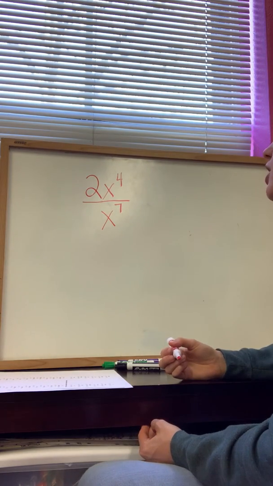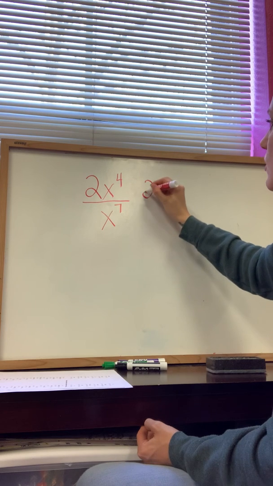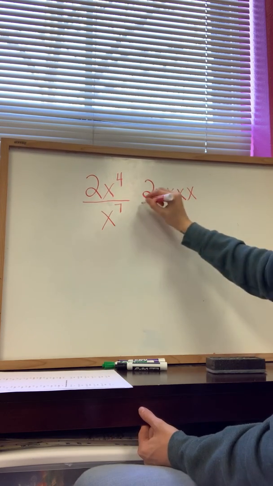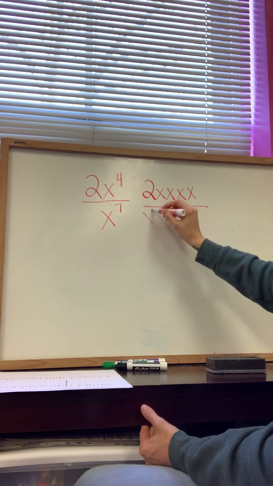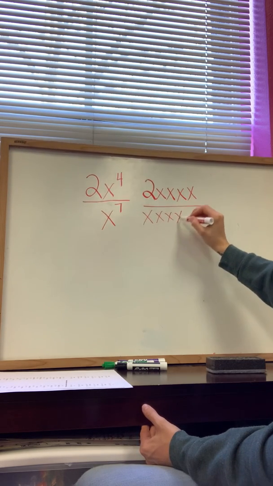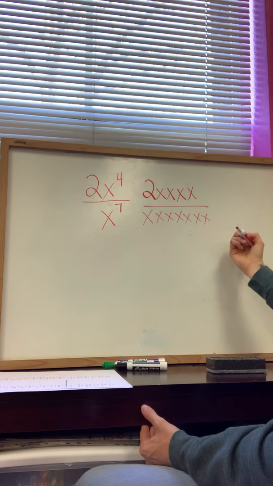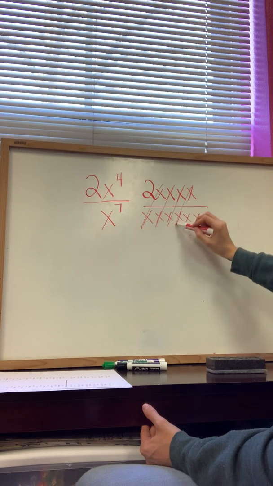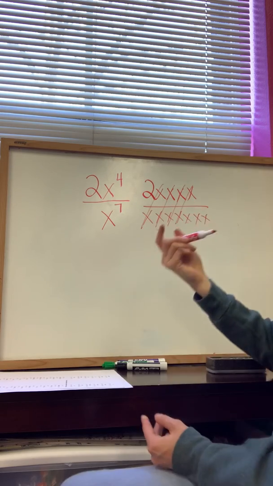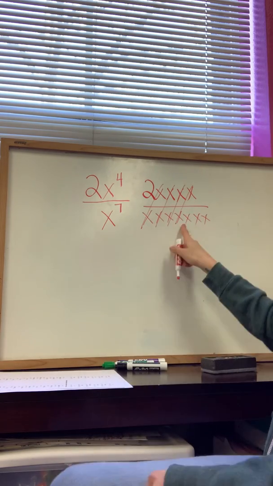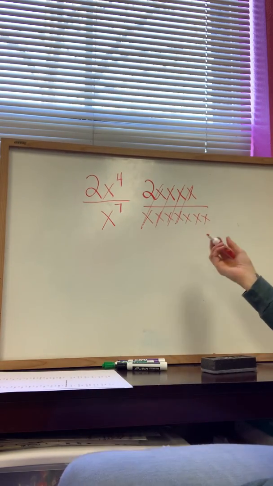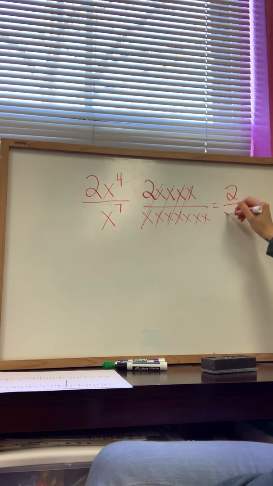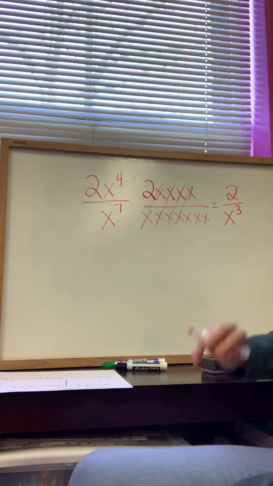We would have a 2 up top in the numerator with 4 x's, and then 7 x's on the bottom: 1, 2, 3, 4, 5, 6, 7. We would cancel out 4 of them: 1, 2, 3, 4. We wouldn't have any x's left in the numerator, but we would still have 3 left in the denominator. So the answer to this one would be 2 over x cubed.